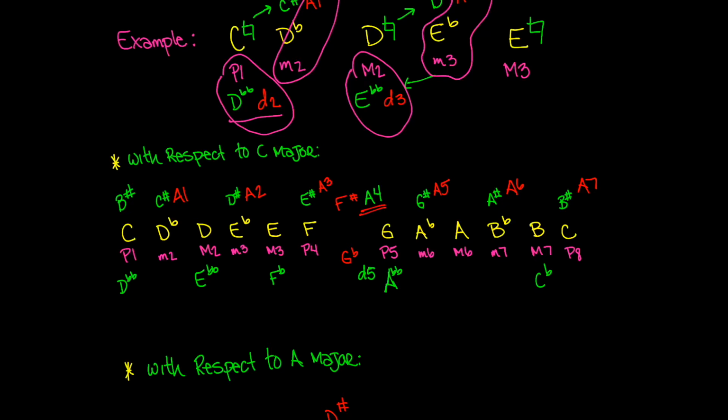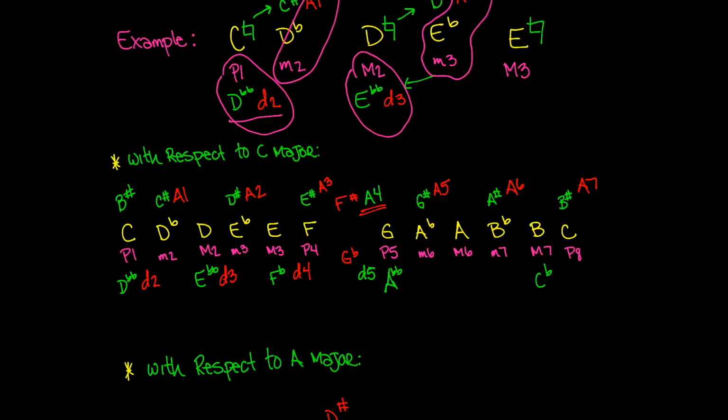Now on this side, we have the exact same kind of idea in the opposite direction. We have D flat going down to D flat, flat. I can see that it's getting smaller, so this is going to be a diminished 2. Here, this is getting smaller. This is going to be a D3. Here, this is getting smaller, so this is going to be a diminished 4th.